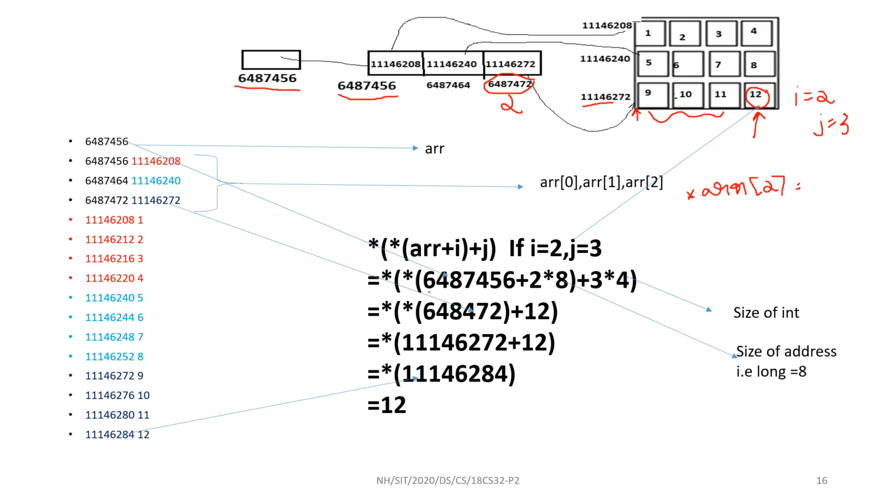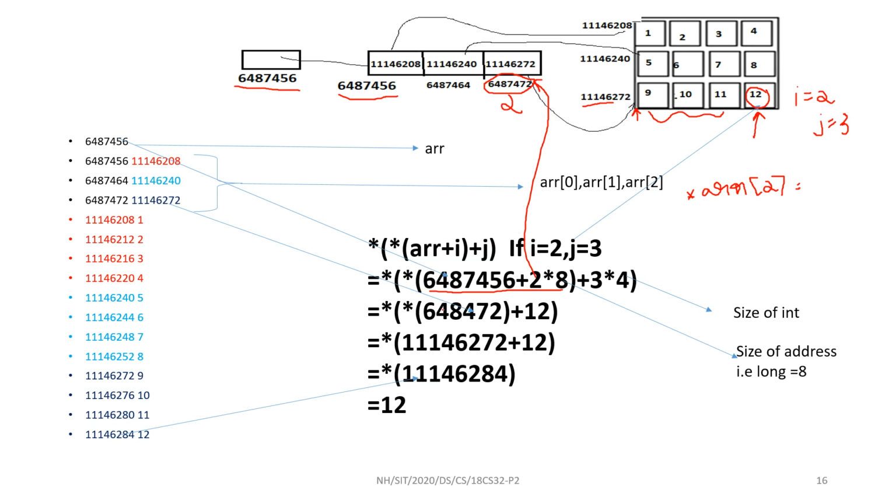So that is why this 8 is multiplied. I will show with this arrow. This is this address: 6487456 plus 2 into 8. This address.